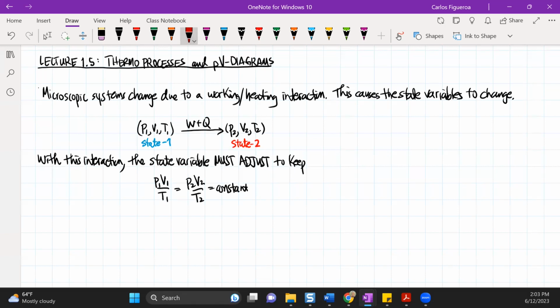And of course, this is only true for an isolated system where the number of moles is fixed, which is what we normally see.